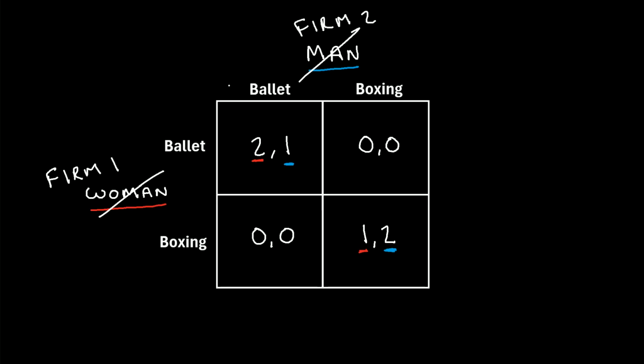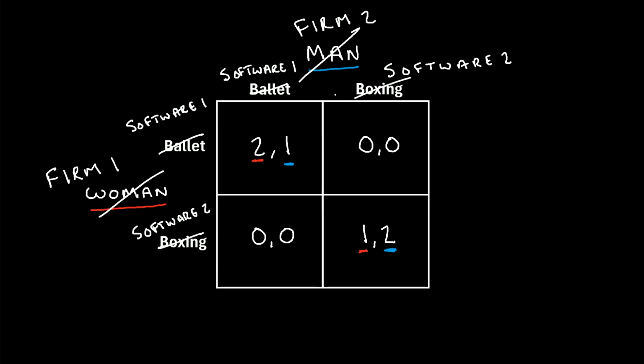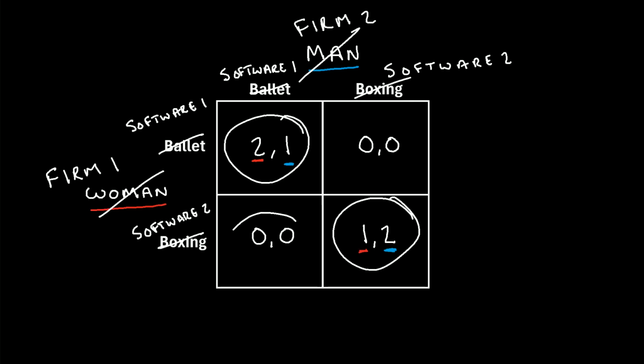And let's say that when these 2 firms merge together, they can either choose to use the software that firm 1 was originally using, or they can use the software that firm 2 was using in their business. So instead of choosing between ballet and boxing, let's say they're choosing between software number 1 and software number 2. Now in this case, we essentially have the same scenario as the Battle of the Sexes, where both firms would be better off choosing to use the same software. So if they ended up at either of these 2 Nash equilibria, they'd be better off at either of these points than choosing to use different software.